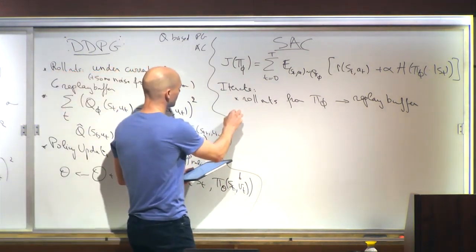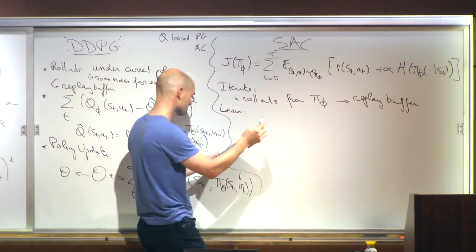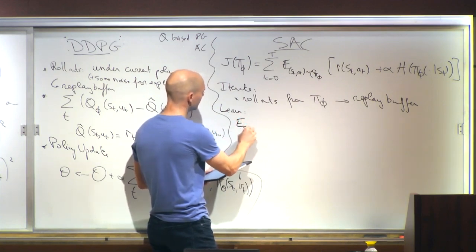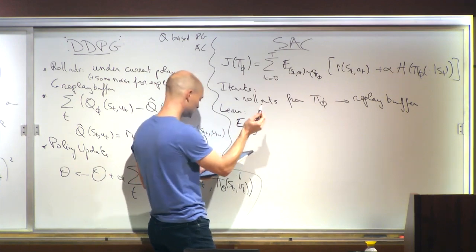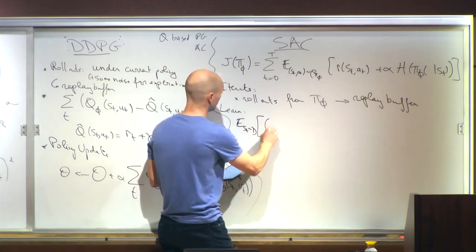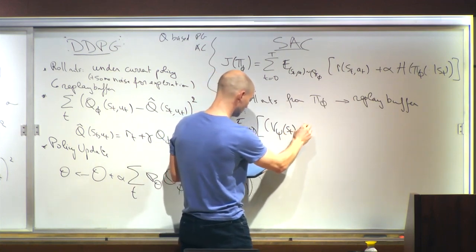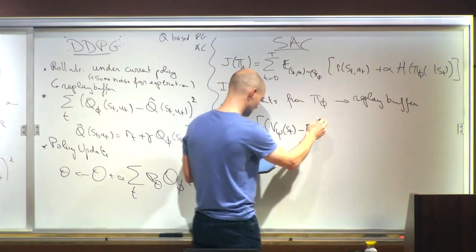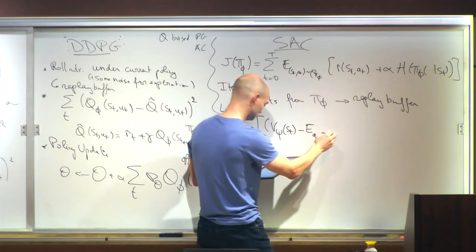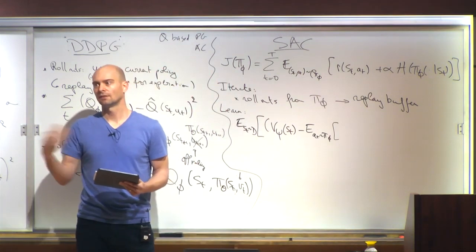So, what's the cost function? For the value function, we have an expected value with states coming from our replay buffer. Then the value in our state s_t should be close to the expected value, if we take actions according to our policy pi phi, of, well, what is the value? It's really the value under our current policy.